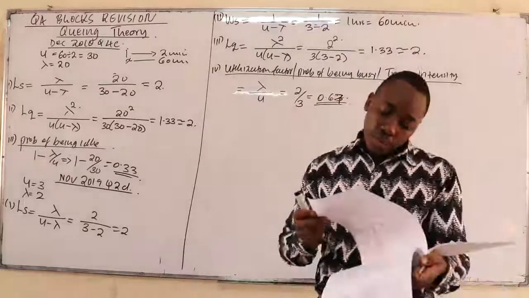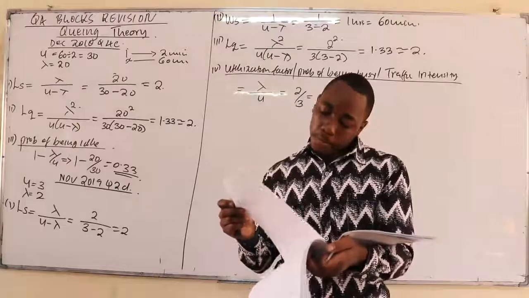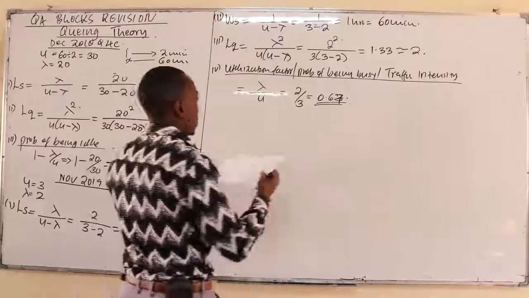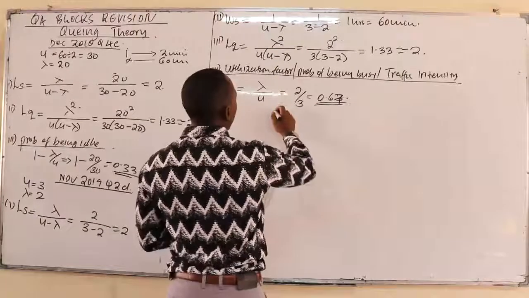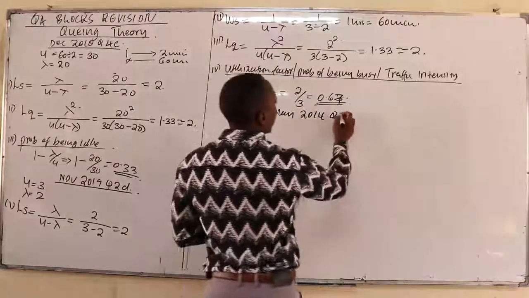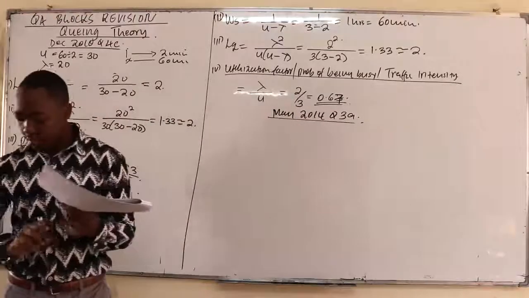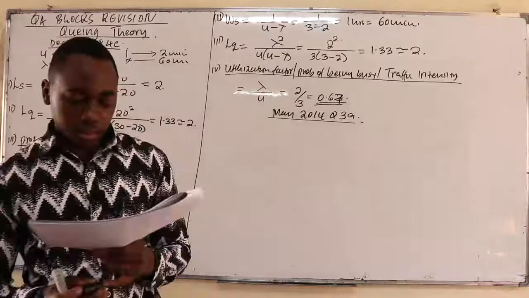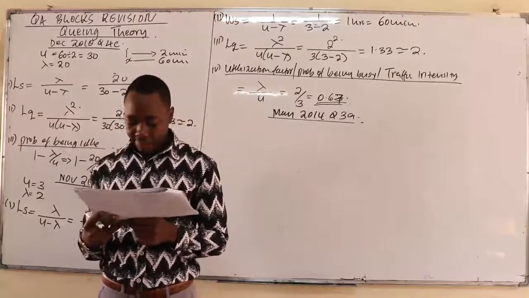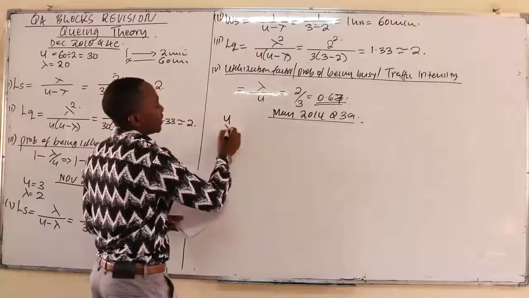You can open this question, May 2014, question 3A. We get the service rate and the arrival rate.